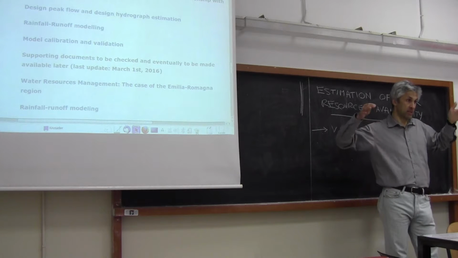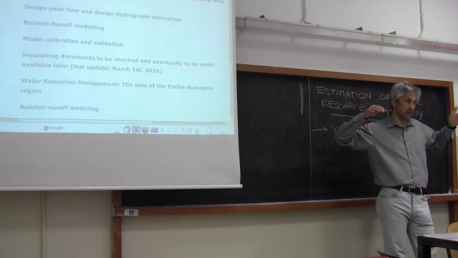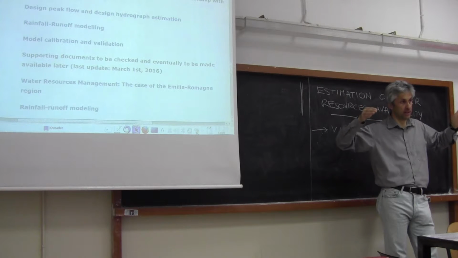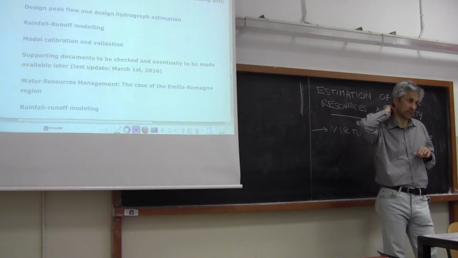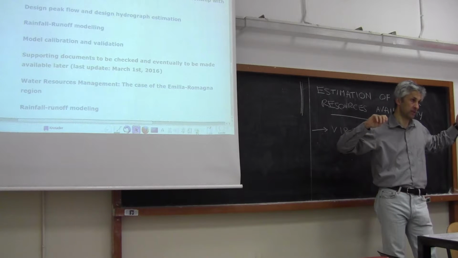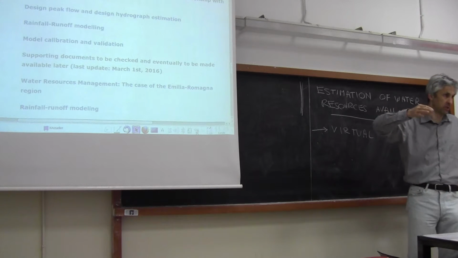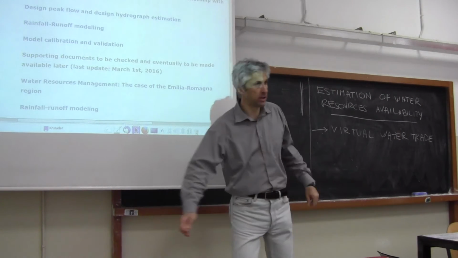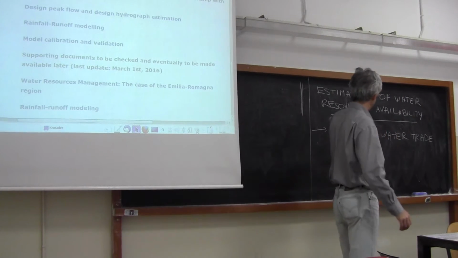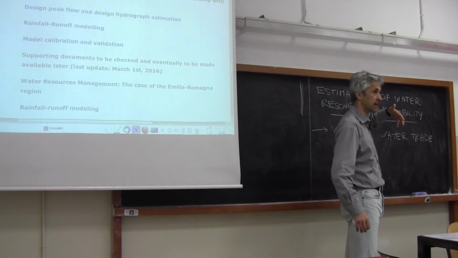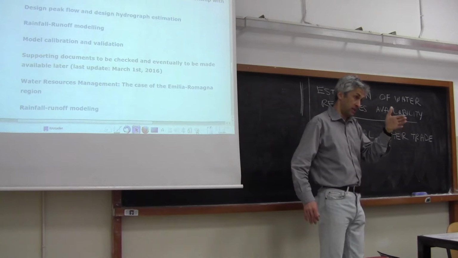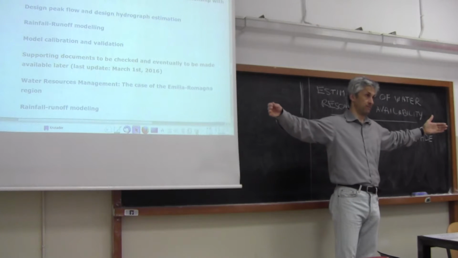Remember that a time series is, in general, a collection of observations depending on time. So when we speak about a time series, it is intuitive. A time series is a collection of observations along time. And when talking about water resources availability, we introduce the concept of time series. And the reason is that we need a long record.